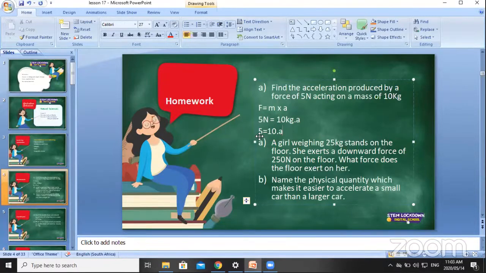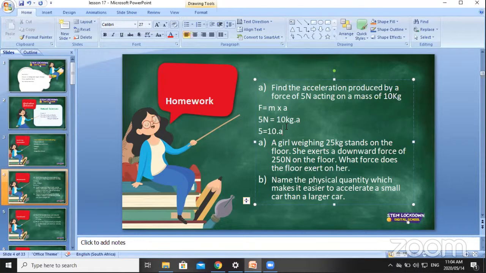If you divide by 10 both sides, what is going to be left? We are not looking for 10A, but we are looking for acceleration. Therefore, 5 newtons is equal to 10 kg A. So we divide by 10 kg so that 10 kg cancels 10 kg.